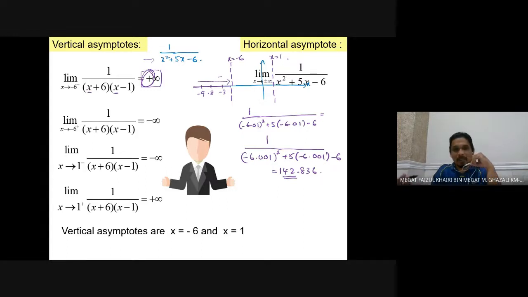But for limit and continuity, we don't need this calculation actually. We just need to see whether the student comes up with a positive or negative infinity sign. And because finally, we want the student to sketch the graph of this function.